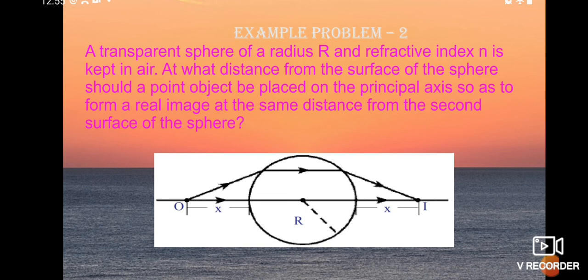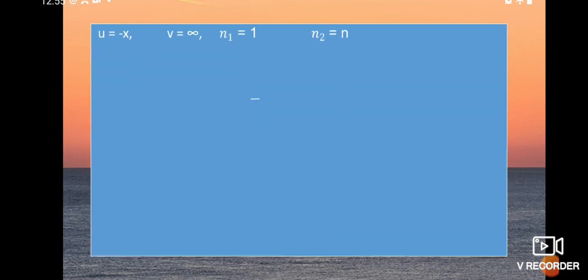Now we can enter these values in the formula. What is the formula for a curved surface? That is n2 by v minus n1 by u is equal to n2 minus n1 by r. Okay, here u is taken as minus x because the object distance is from the pole to the object.